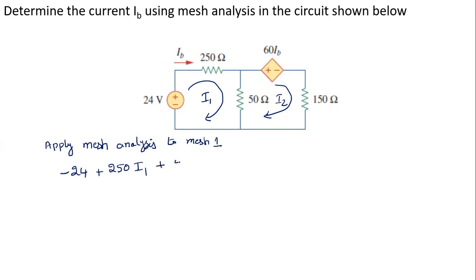Next, plus 50 into (I1 minus I2) equals 0. This is the first equation. So 250 plus 50 is 300 I1 minus 50 I2 equals 24. Let this be equation number 1.